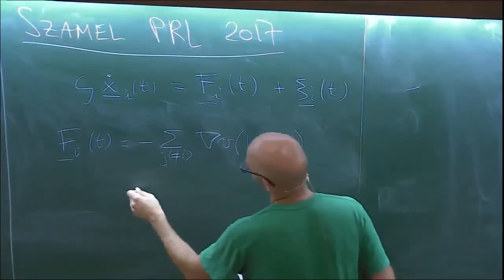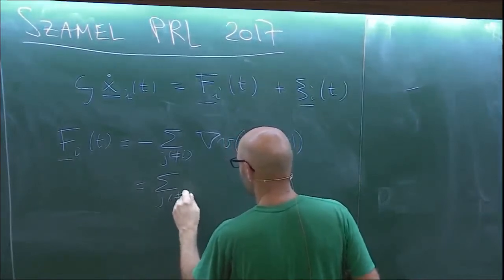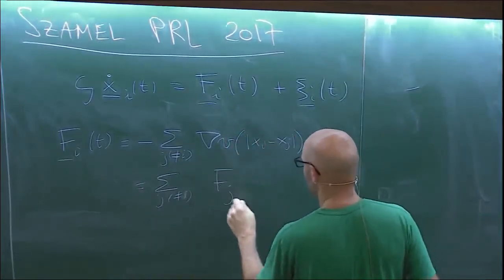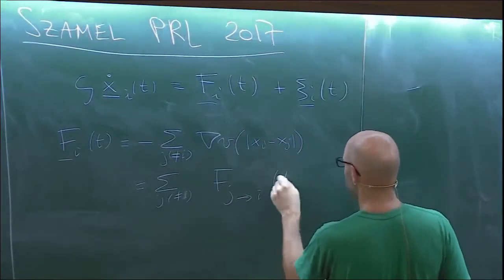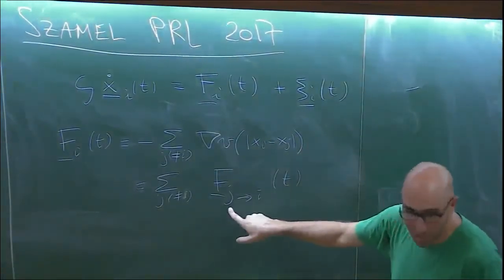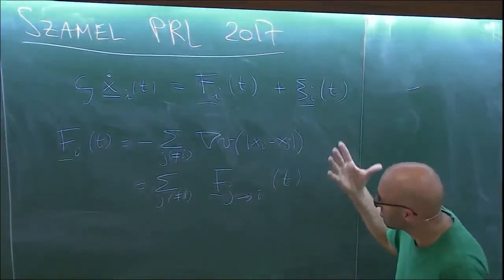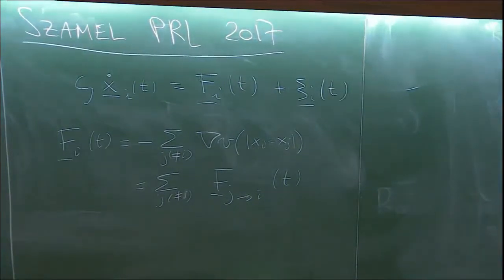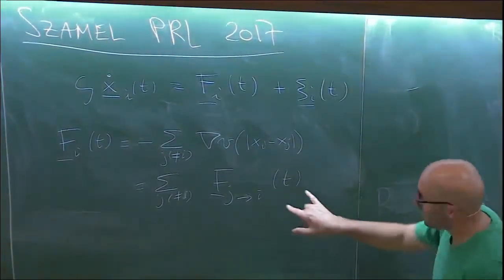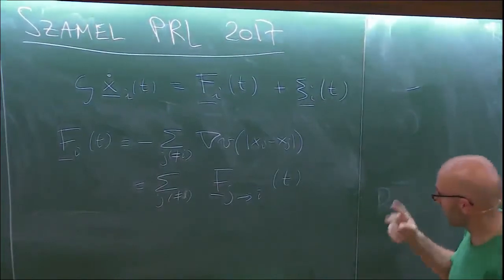And so I can also write it as a sum over j of some f j to i of t, the force that particle j is exerting on particle i.